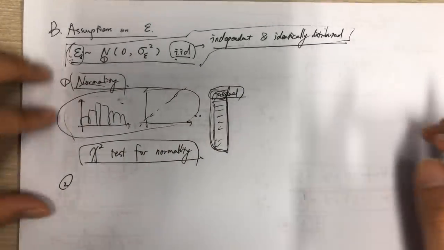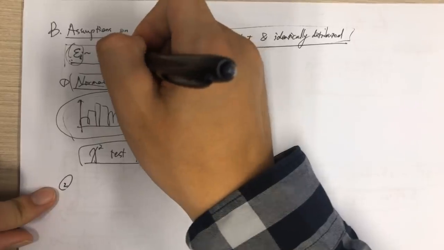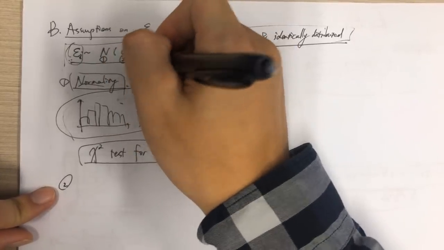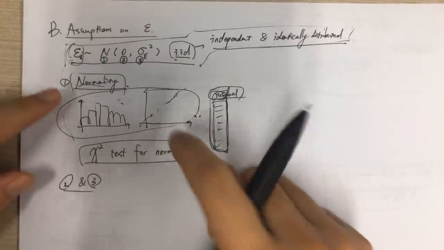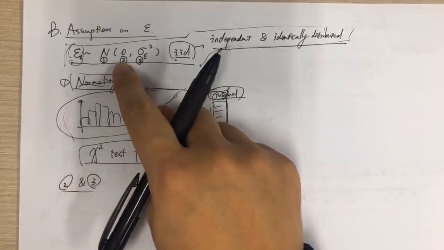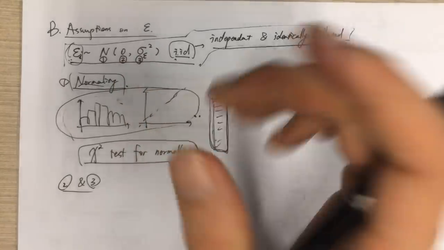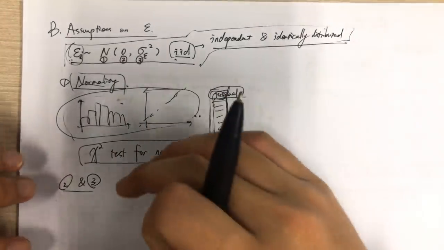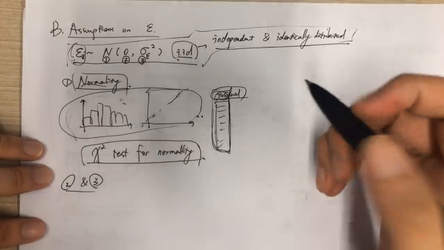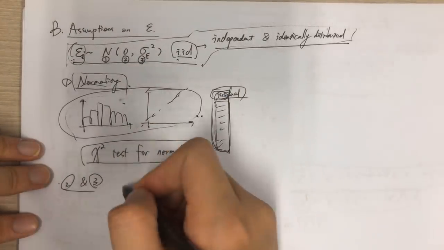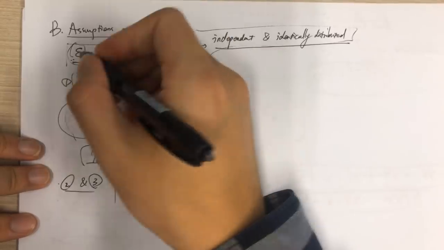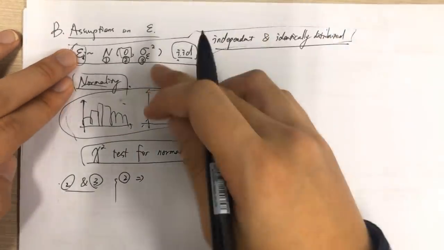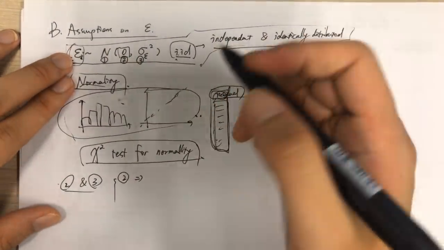The second assumption and the third assumption, I'll put the second and third assumption together because both of them can be checked by the residual plot, right? So the second assumption requires that the mean of the epsilon, the error term, given any x, should equal 0.